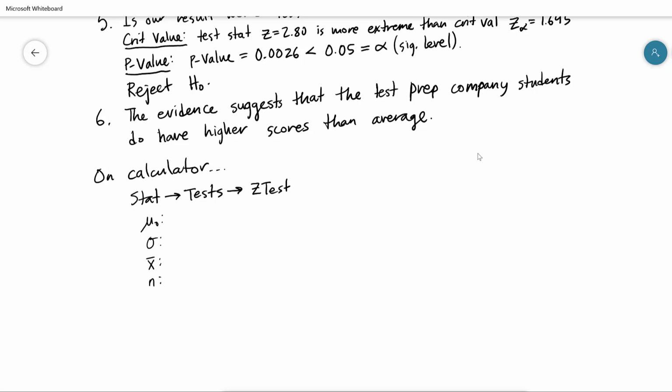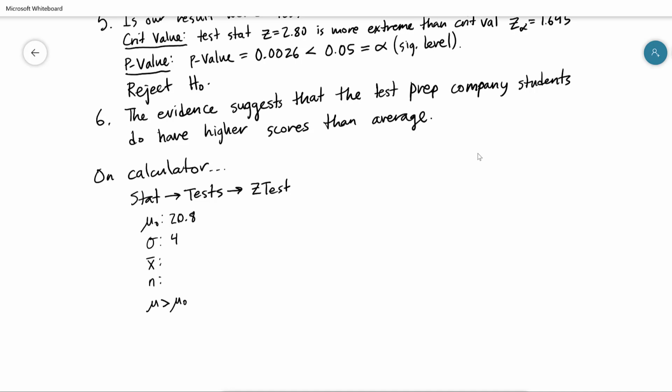And lastly, it'll ask for the form of our alternate hypothesis. So our alternate hypothesis is mu is greater than mu naught. Ours was right-tailed. So plugging these values in, our mu naught was 20.8.